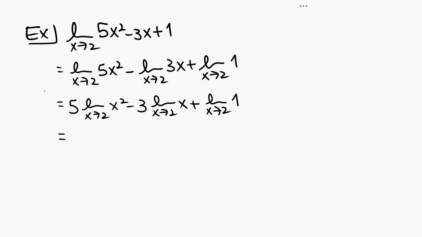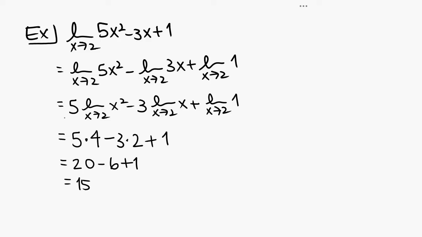Now if I apply my limits, I have 5 times, and here I'm going to get 4, minus 3, and the limit of x as x approaches 2 is just 2, and the limit of a constant is just always a constant, so that's plus 1. So then I have 20 minus 6 plus 1, which is just equal to 15.